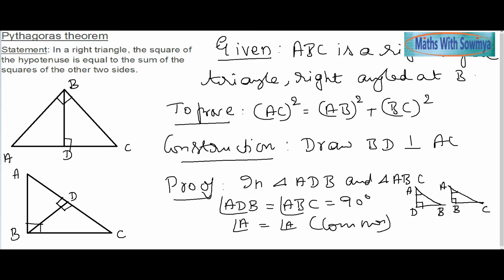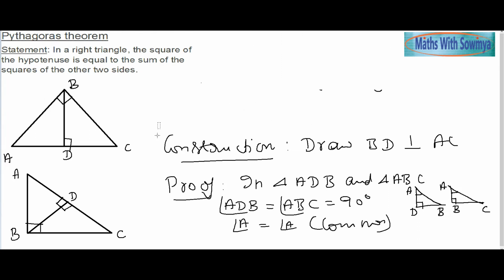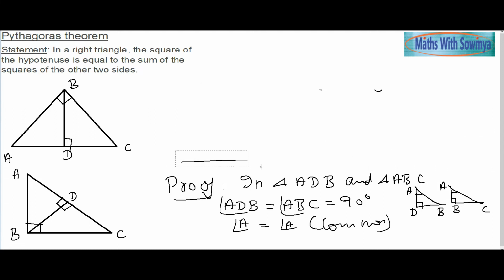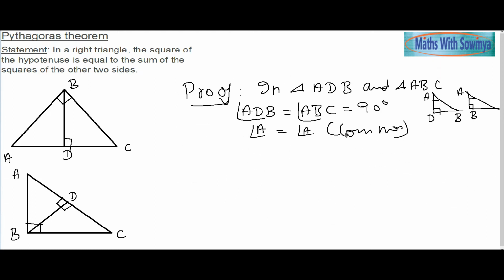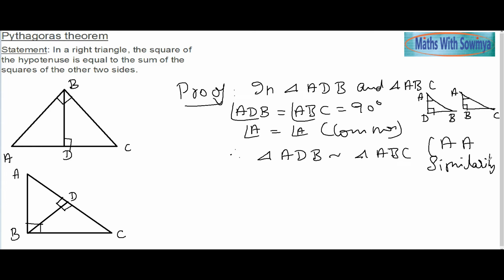Therefore, by AA similarity, we can easily prove the similarity of these two triangles. Therefore, triangle ADB is similar to triangle ABC by AA similarity, and of course their corresponding sides will be proportional.